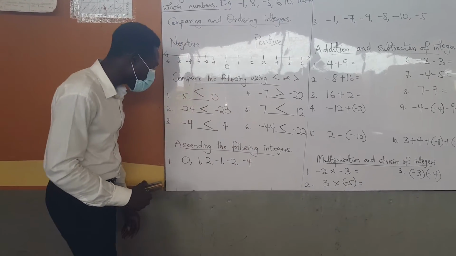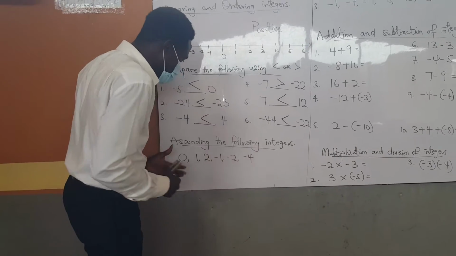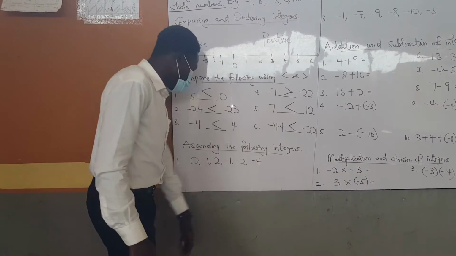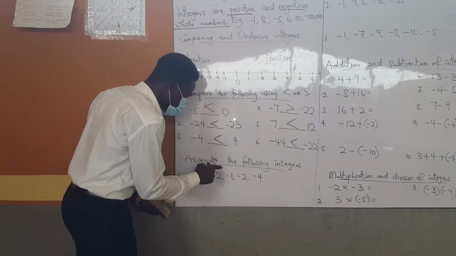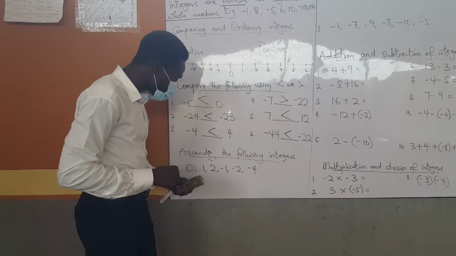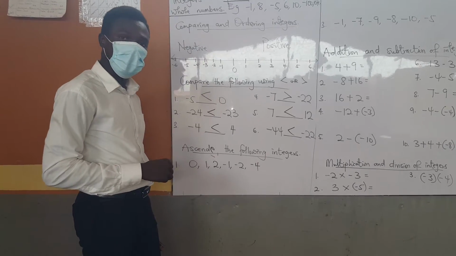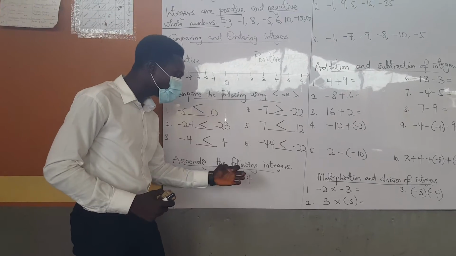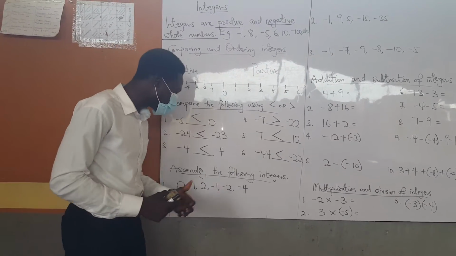So let's look at how to ascend integers. It says ascend the following integers. We have 0, 1, 2, negative 1, negative 2, negative 4. Because we are ascending, we have to look at the number that is least.